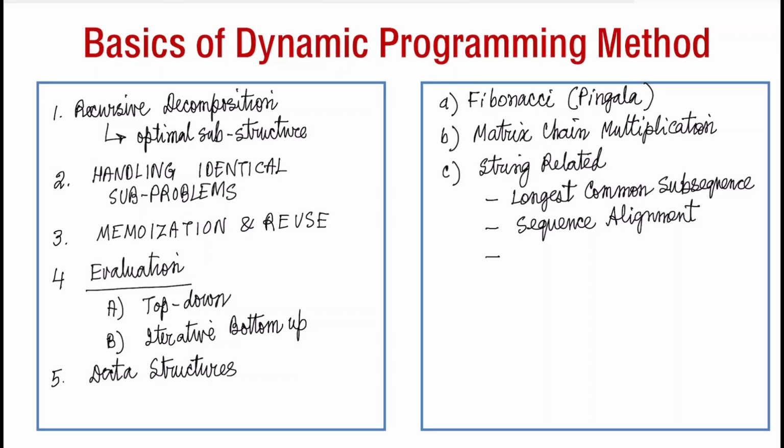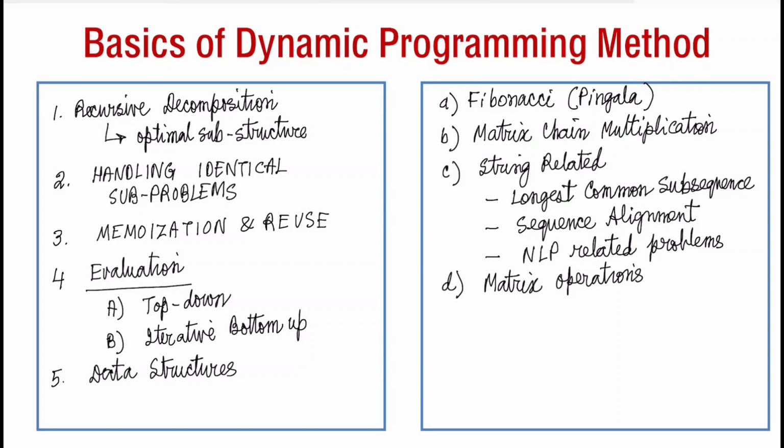It leads to a number of NLP, natural language processing related problems of word matching, spelling corrections, etc. There are several other matrix operations like the transitive closure of the matrix. There are graph algorithms which are related to shortest paths, etc.